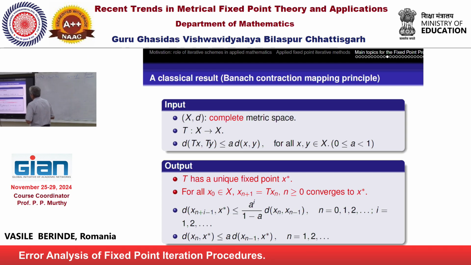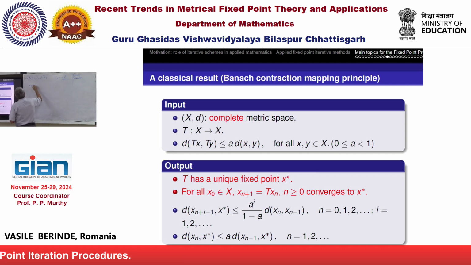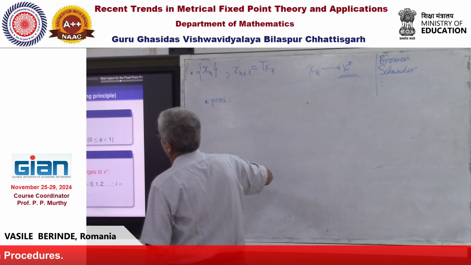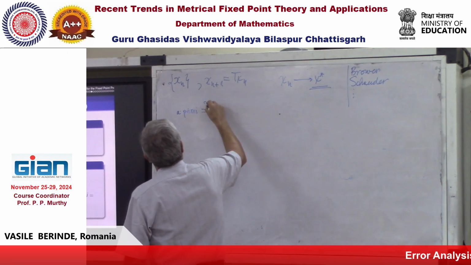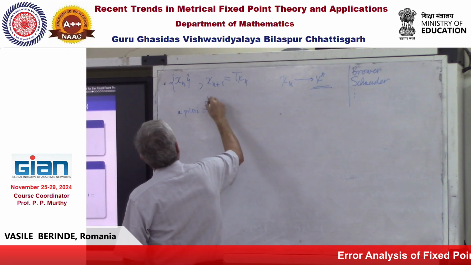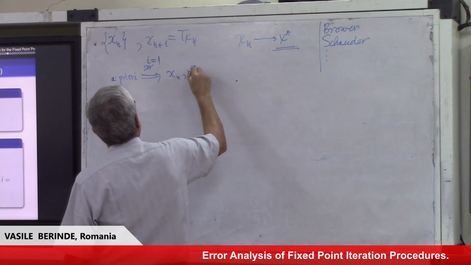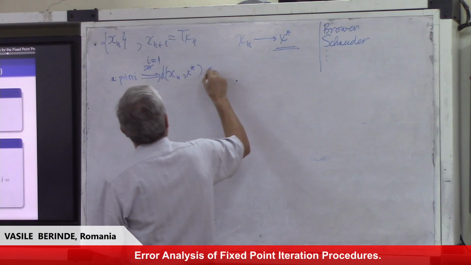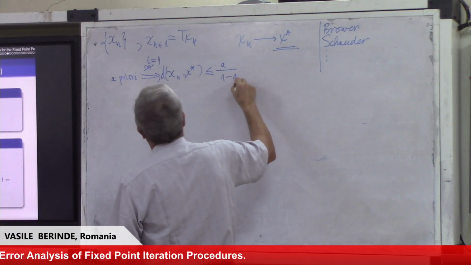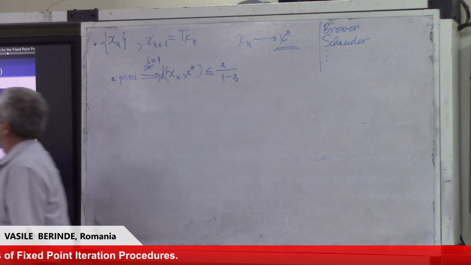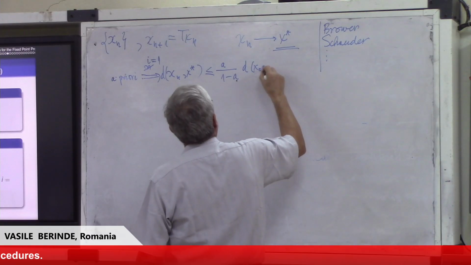And if you remember, I said this is the a priori error estimate: for n equal 1, the distance d(xn, x*) is less than a^n over 1 minus a, where a is the contraction coefficient, times d(x0, x1).